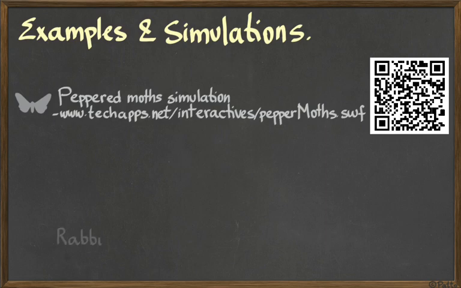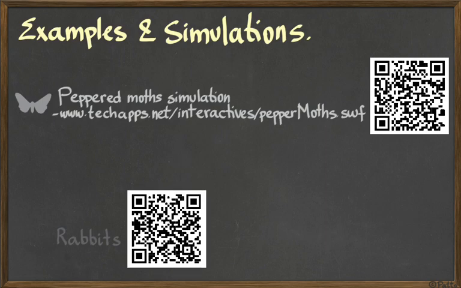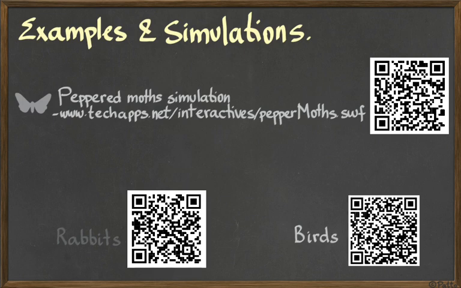Okay, there are two other examples. This one here with rabbits is quite interesting, because you can try to play with the color of the fur, with the food, with the environment. So there are many things here for you to play with. You also have a QR code here if you want to play. And this last one is quite interesting because it's about birds.